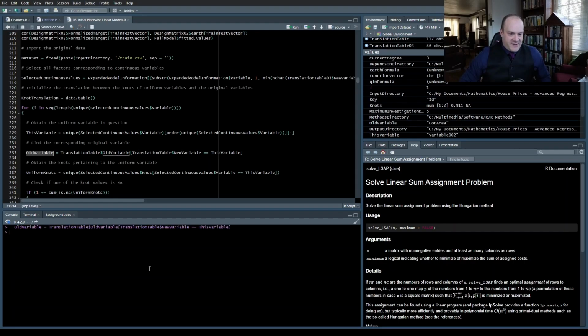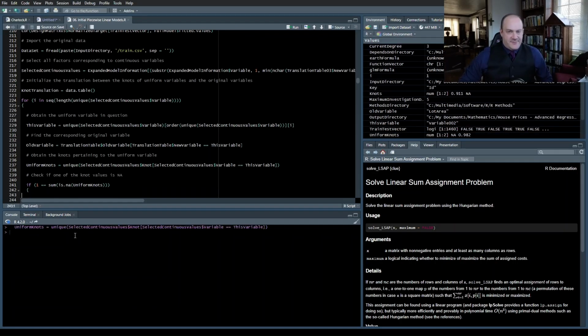And apparently it corresponds to lot area, the size of the lot on which the house is sitting. And then we're going to get the knots, the minus k part of it, that appear. So we've got NA and 0.98. So, okay, good.